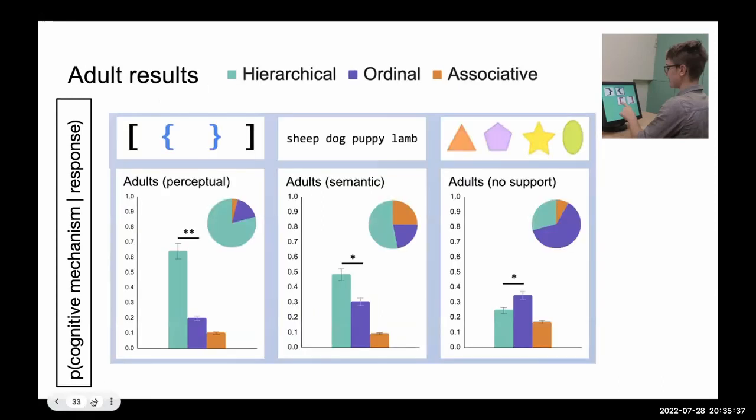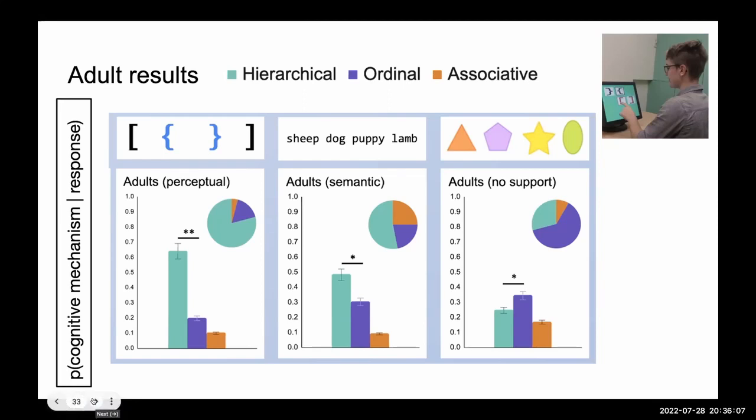Beginning with the adults, we see that across the two relational support conditions, adults are preferentially relying on hierarchical reasoning. However, when this relational support is taken away, adults go down to ordinal reasoning. Though I should mention that even when there is no relational support, there are some adults who can indeed rely on hierarchical reasoning.